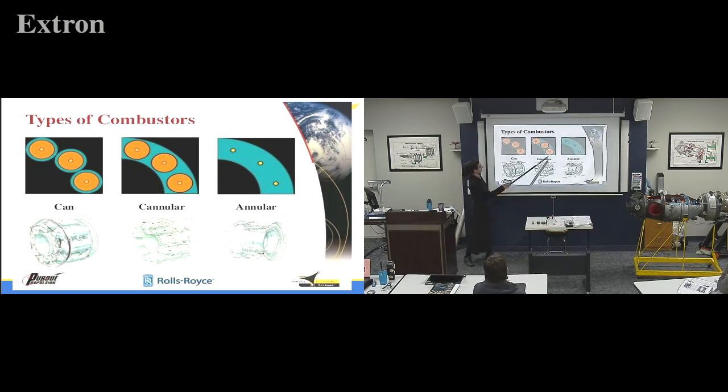We have the housing as an annular housing, but we still have the perforated cans with their fuel nozzle around. And then the annular, there's just one opening the whole way around, still with fuel nozzles and igniters.